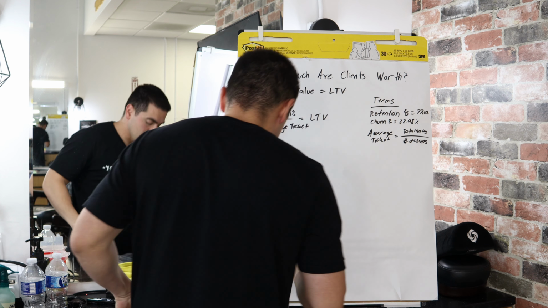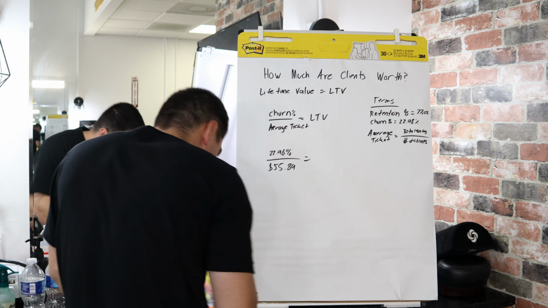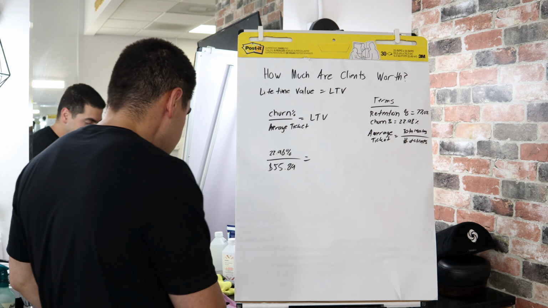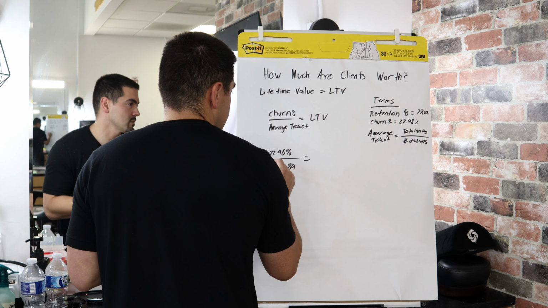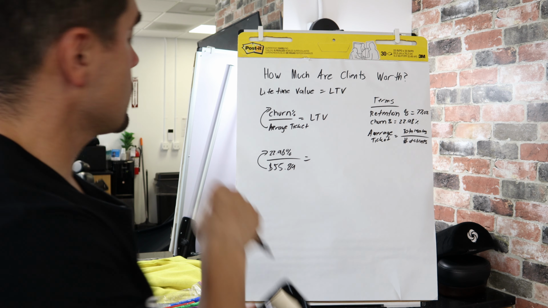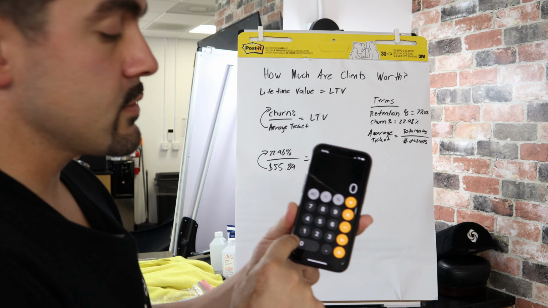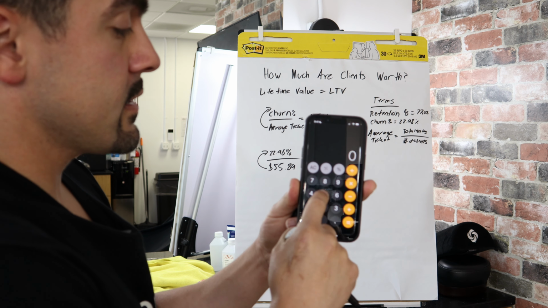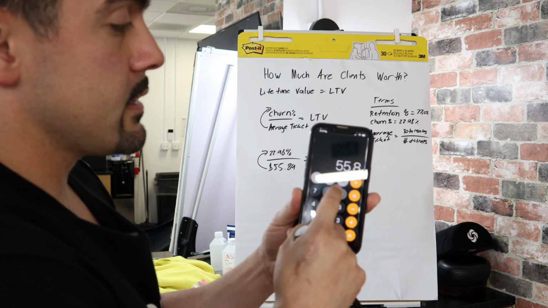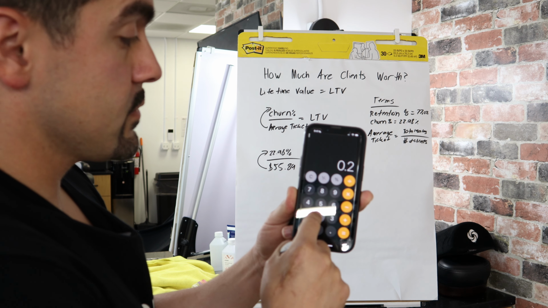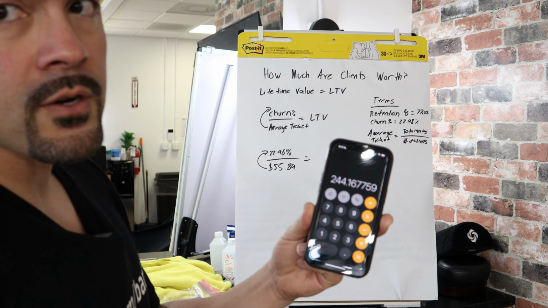Our lifetime value for this one month, because we track it on a monthly basis. Actually, the average ticket goes on top. So we're going to take 55.89 divided by 0.2298.